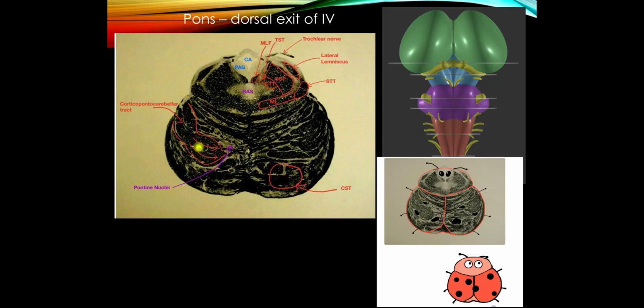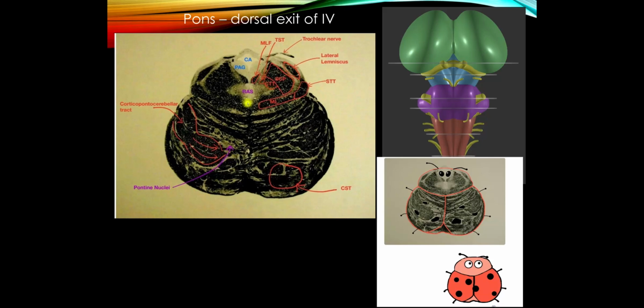This is how the brain tells the cerebellum about the intended movement. It goes down via the corticopontocerebellar tract, synapses on pontine nuclei, and then crosses over into the cerebellum. We'll explain that later on.